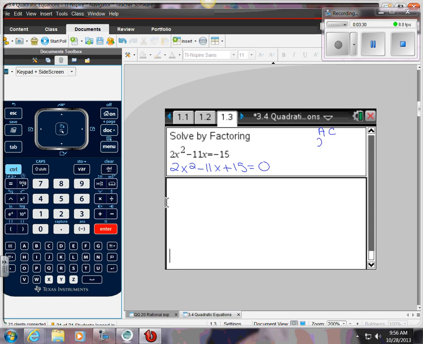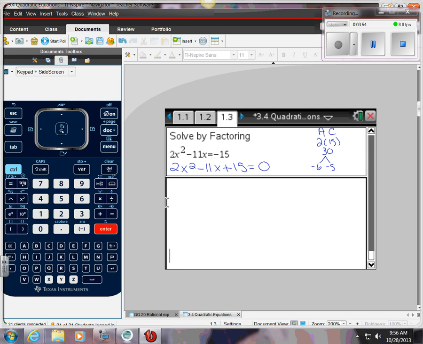A times C, so 2 times 15, which is 30. Good. I need two numbers that are going to multiply to be a positive 30 and add to be a negative 11. Negative 6, negative 5. Great. Are we okay with that?